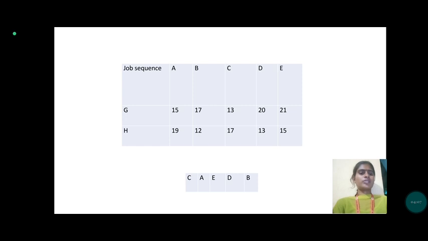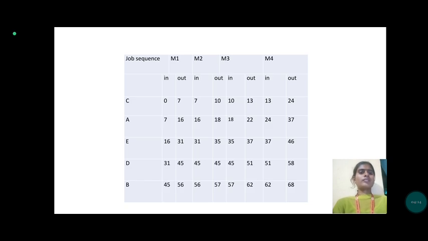For that we have a job sequencing C, A, E, D, B. Here the job sequencing on M1, M2, M3, M4 is C, A, E, D, B.